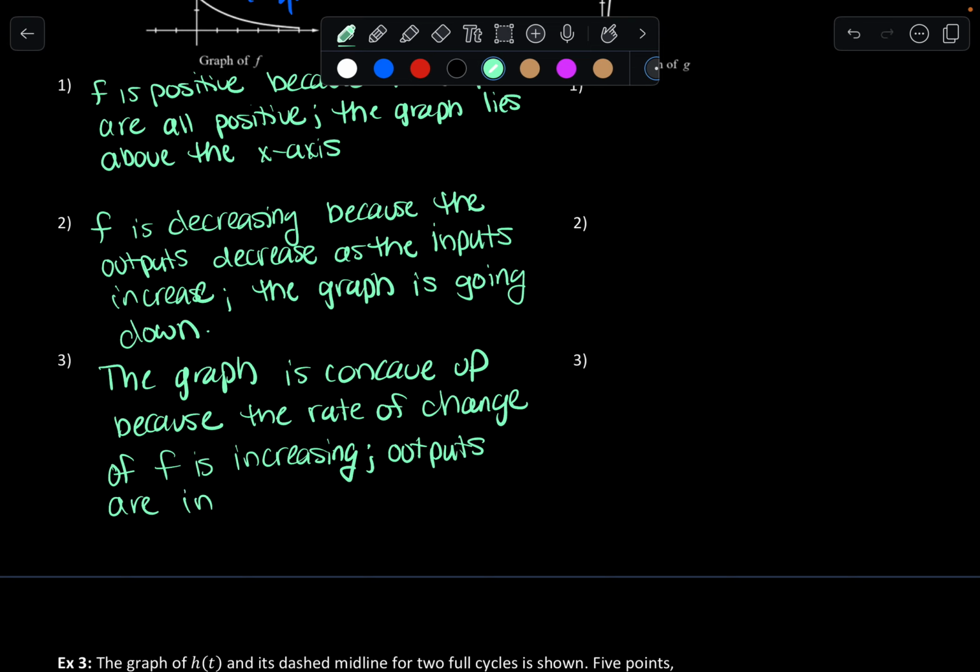The outputs are increasing at an increasing rate. But the outputs, okay, I was right the first time. The outputs are decreasing at an increasing rate.